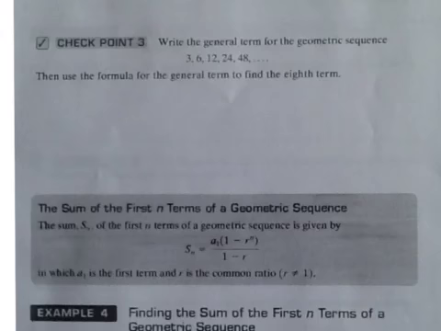Oops, get my pen out here. a sub n equals 3 times 2 to the n minus 1. And it said to find the 8th term, so a sub 8 is going to be 384. Make sure you're showing your work on your checkpoints. Having just the answers will not get you full credit.